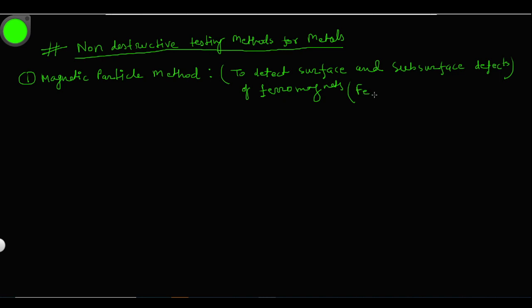These are the ferromagnets: iron, cobalt and nickel. So for defects on this type of specimen we use the magnetic particle method.